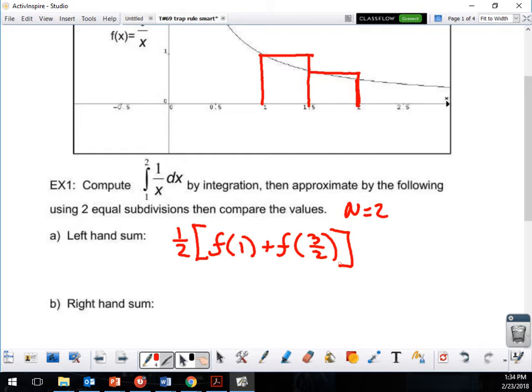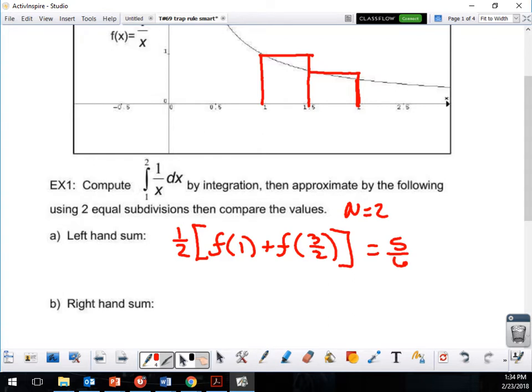So what's that come out to be? It's going to be 1 plus 2/3. No, it's 5/6, I already divided it. Because this turns into a reciprocal, it's 2/3 plus 3/3, 5/3 times half is 5/6. You're right. Okay, so we get 5/6.